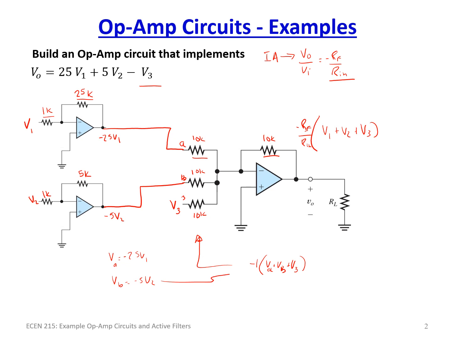So substituting that into this equation here, we end up with minus 1 times minus 25 V1 plus a minus 5 V2 plus V3. But we got to carry the minus 1 through, and so we end up with our final output equation, V out is equal to 25 V1 plus 5 V2 minus V3.